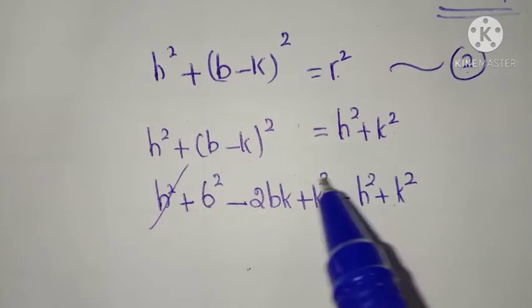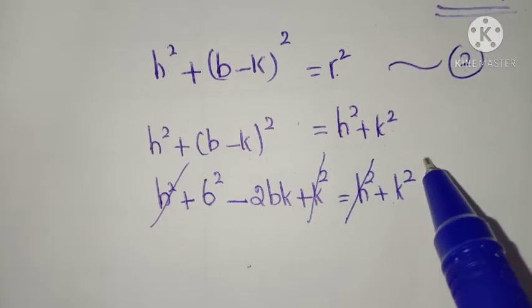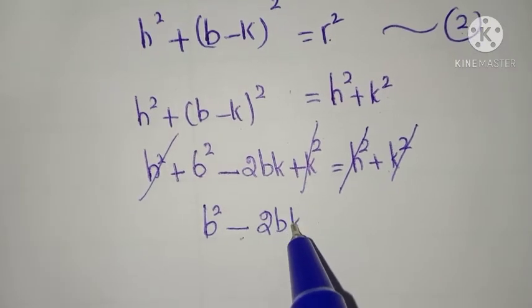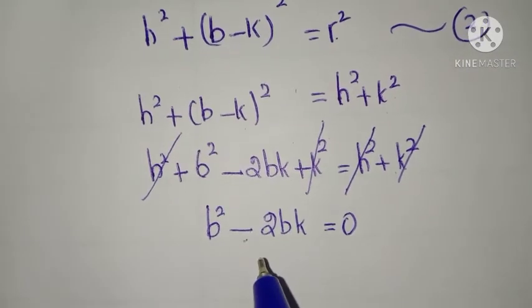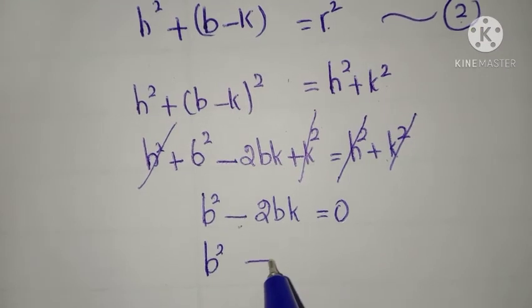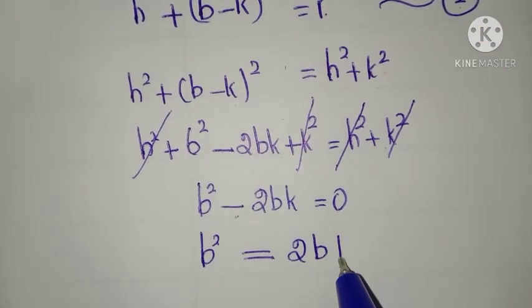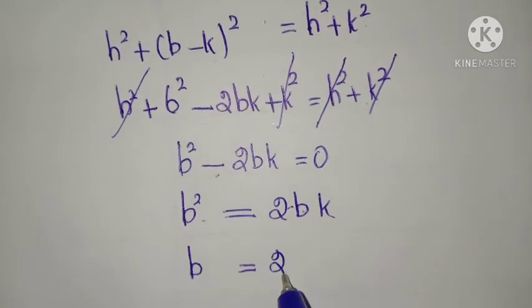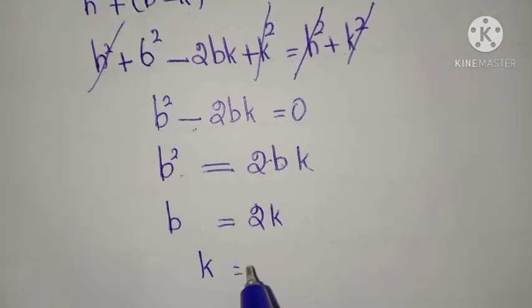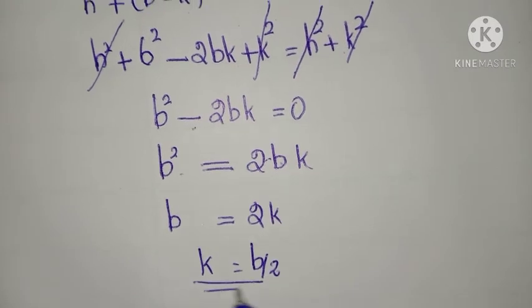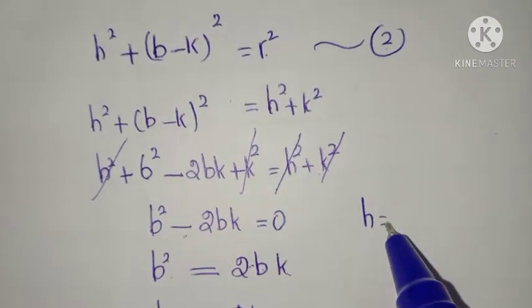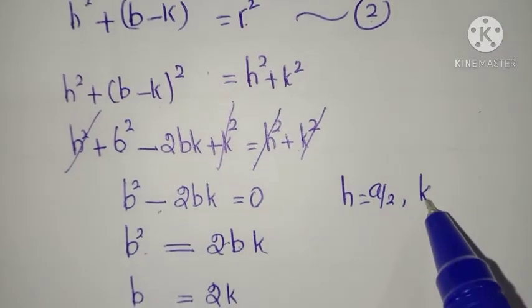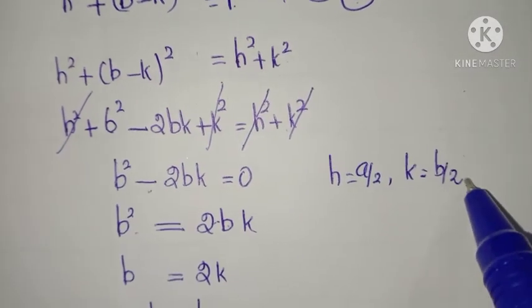Now cancel the like terms h square and k square, remaining b square minus 2bk equals 0, or b square is equal to 2bk. We can cancel b. So b is equal to 2k, or k is equal to b by 2. So h equals a by 2, and k is equal to b by 2.